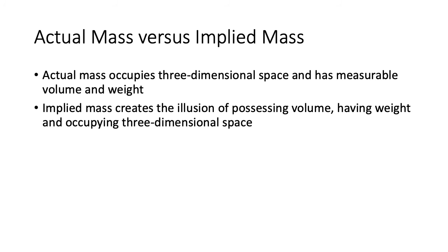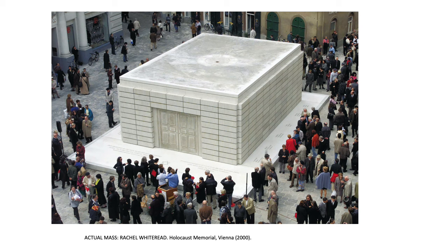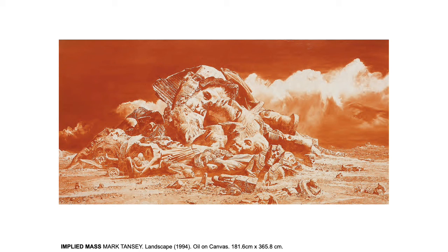Implied is usually 2D, like a painting, and it weighs only as much as the painting. So actual mass, this is, I can't remember, it's concrete. And there's people in the picture, so it's a sculpture, but it's concrete. So it actually weighs something. It's really heavy.